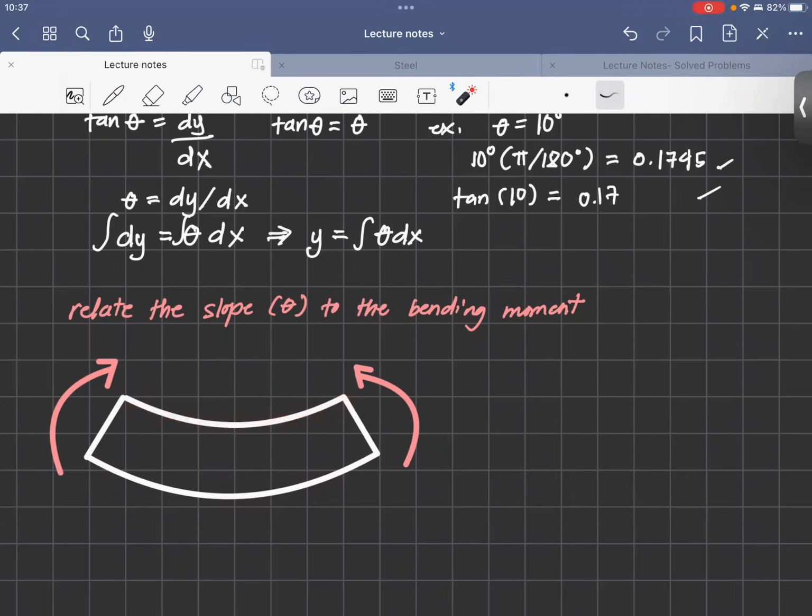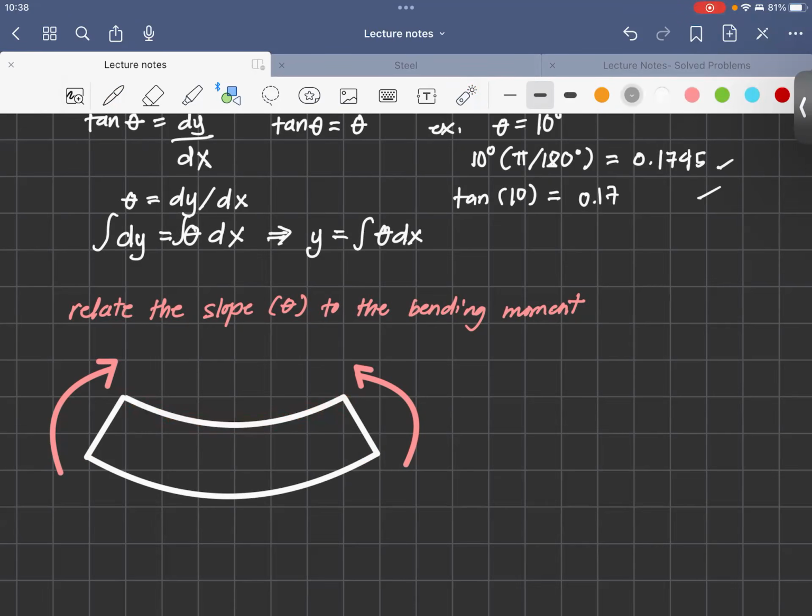From this shape, the beam will undergo bending like that, so the length will change. The top part of the beam will undergo compression, and the bottom part of the beam will undergo tension.